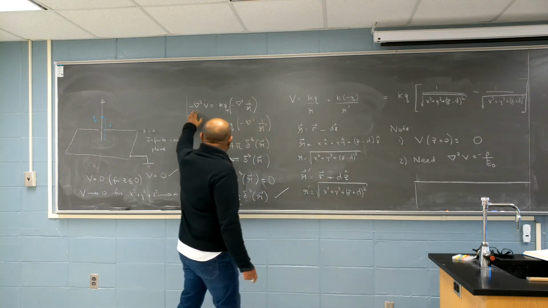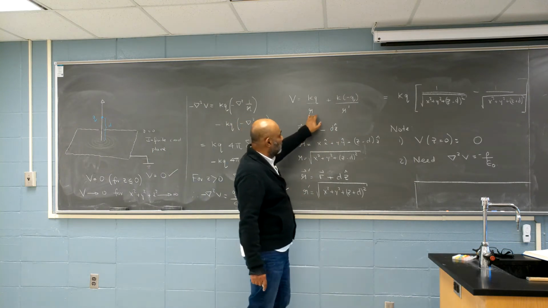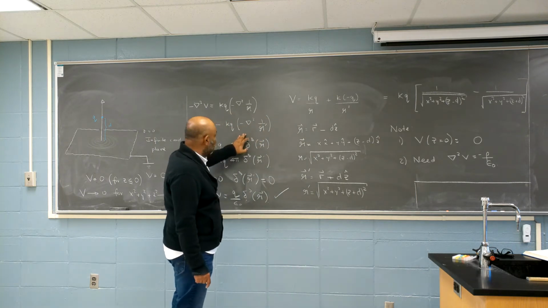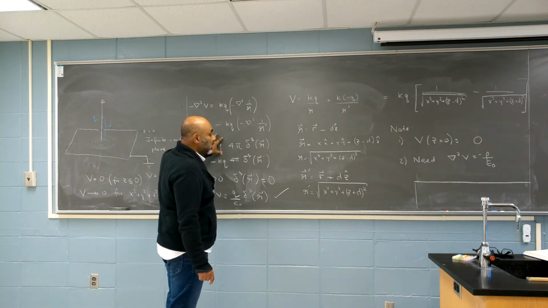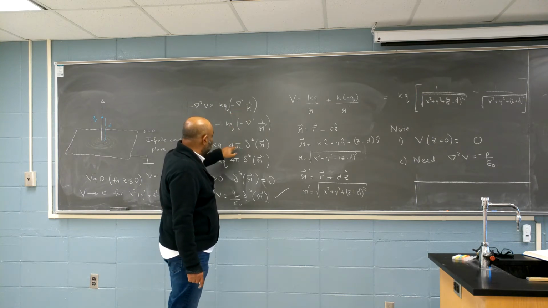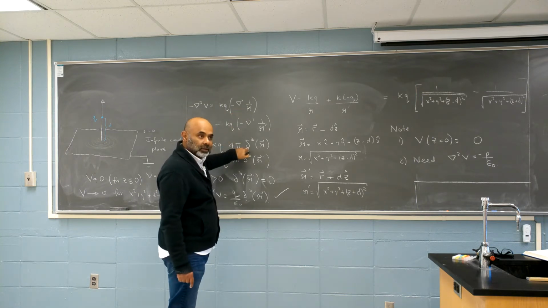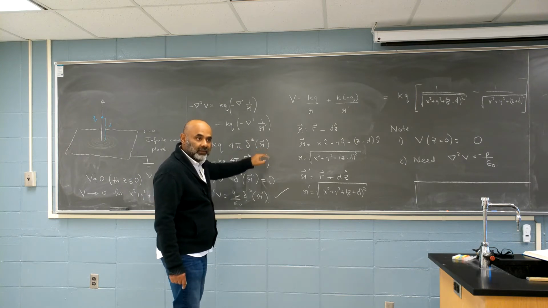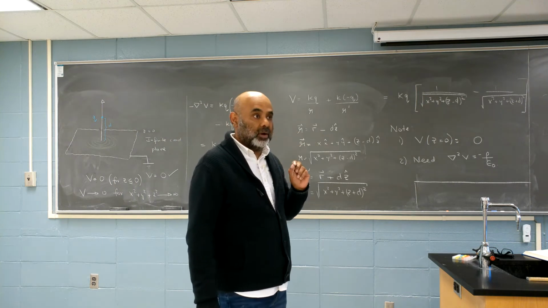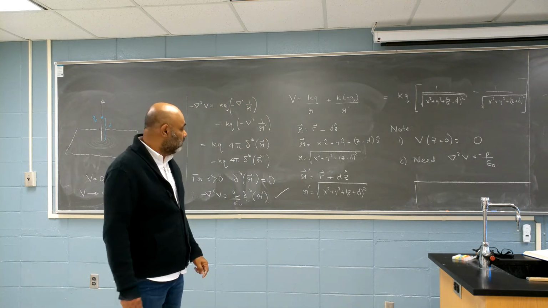So negative of the Laplacian is the negative of the Laplacian of these two guys. One step at a time. Forget this kq, I'm just copying this. From chapter 1, this by definition is 4 pi delta of the vector r, evaluated when the separation vector r goes to 0.